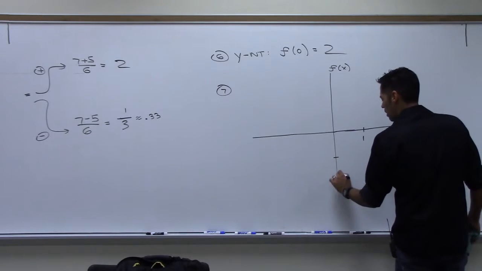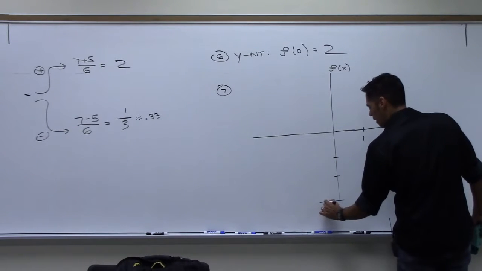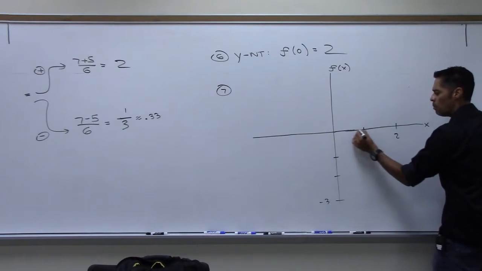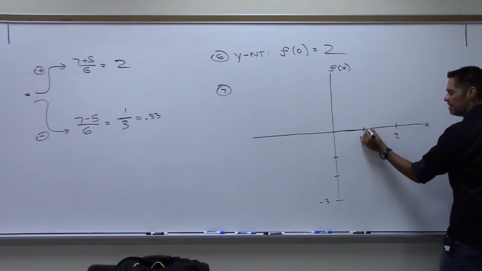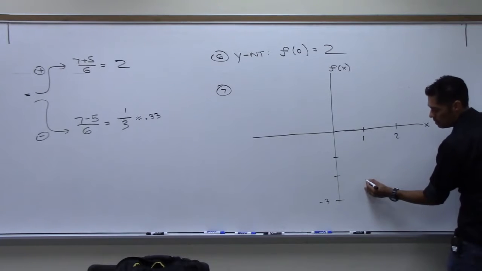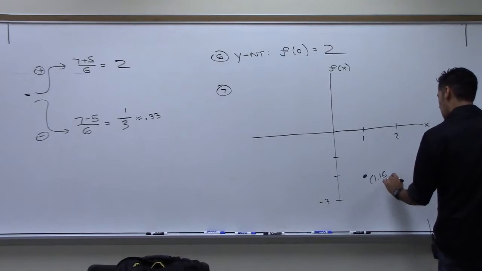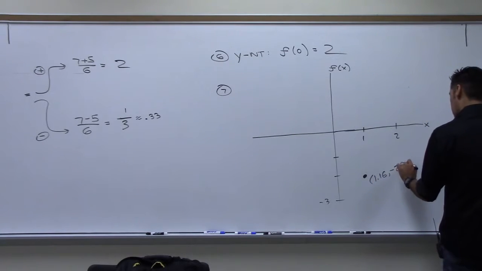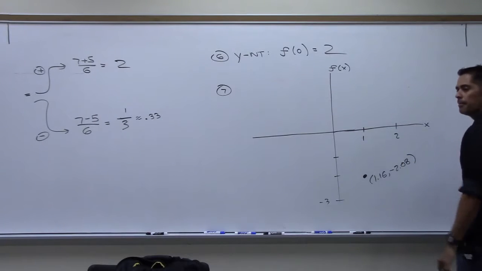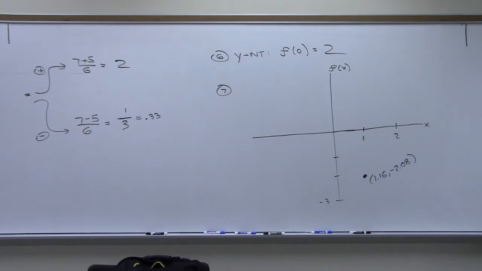And down 1, 2, 3. Here's -3. So I was supposed to go out 1.16, somewhere around here, and then down right at about 2. I will label the point 1.16, -2.08, I think we had. Good enough? That look good to you?